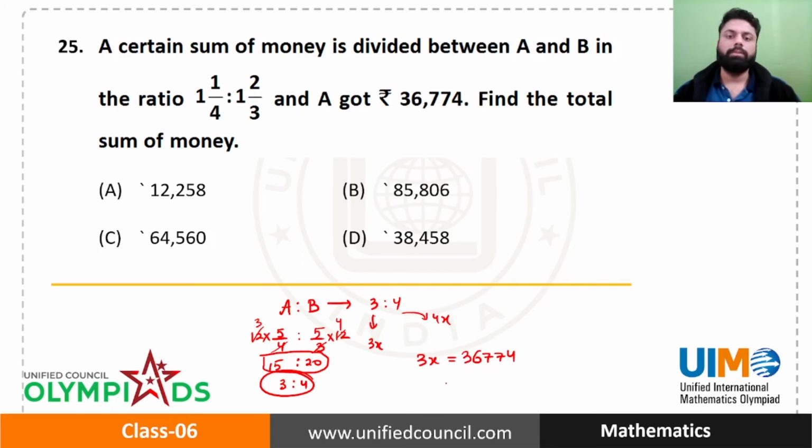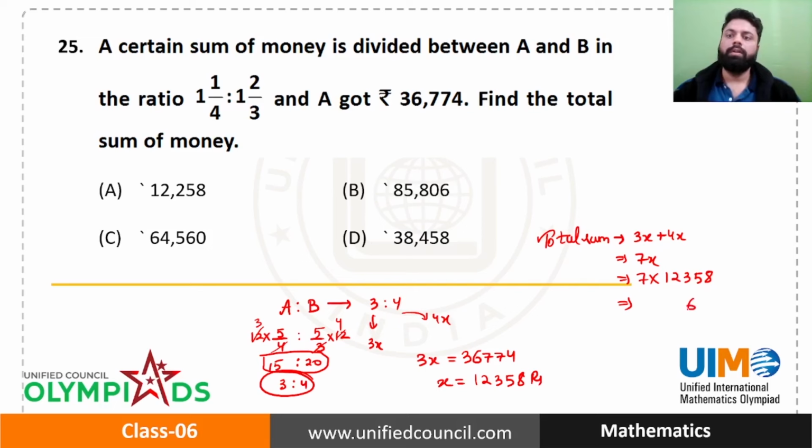So this implies that x is equal to 12,258 rupees. Total sum is equal to 3x plus 4x, that is 7x, that is equal to 7 multiplied by 12,258.